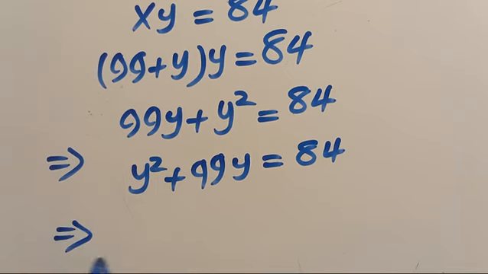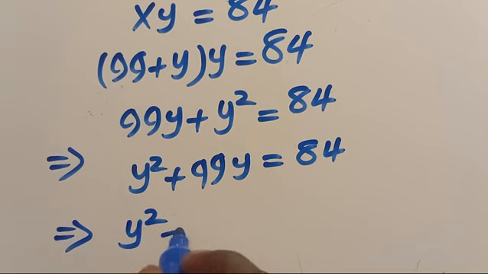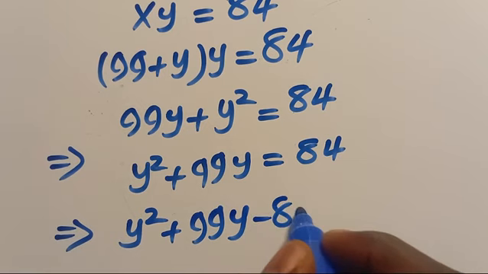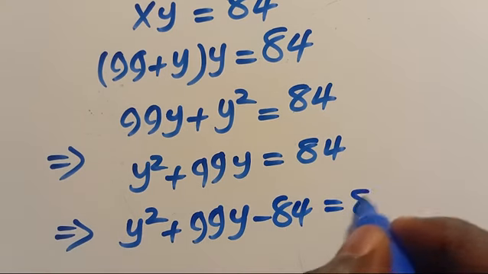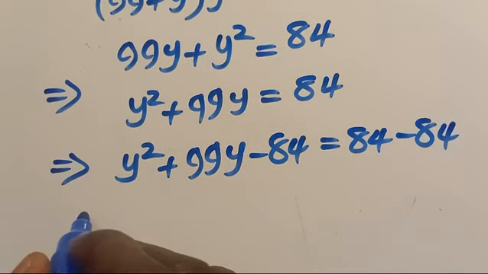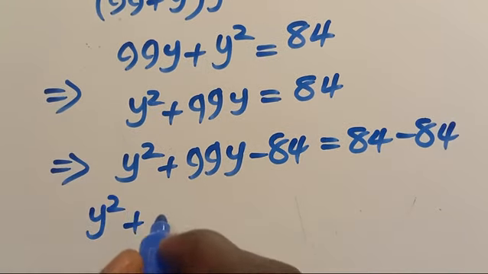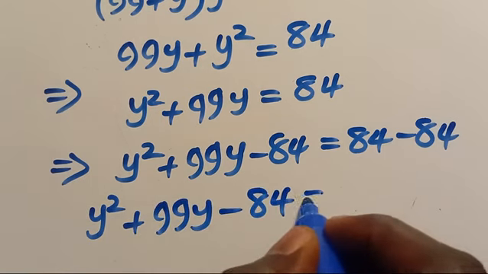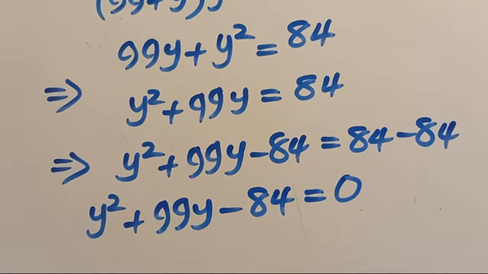So here will be y squared plus 99y minus 84 equals 84 minus 84. Here will be y squared plus 99y minus 84, and this side will be equal to 0.